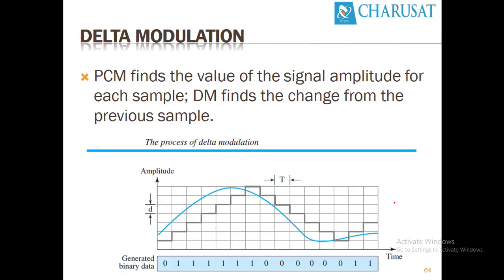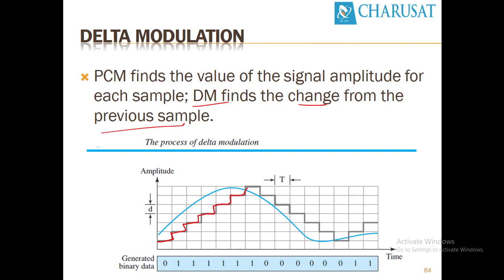This is delta modulation, which is more advanced than quantization or sampling rate. PCM finds the value of signal amplitude for each sample. Delta modulation finds the change from the previous sample. If the current voltage is higher than the previous voltage, it goes up, goes up, goes up.